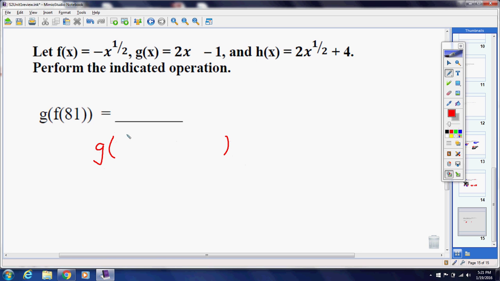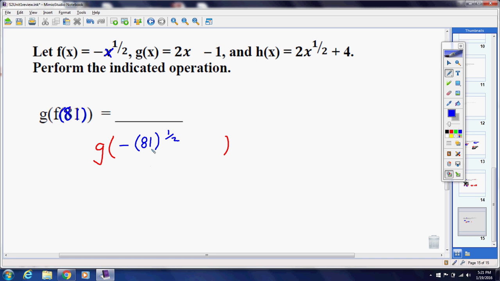So here's the f function. And remember, I'm just going to replace just the x with this 81 in parentheses. So I've got negative 81, that's in place of the x, to the 1/2 power.